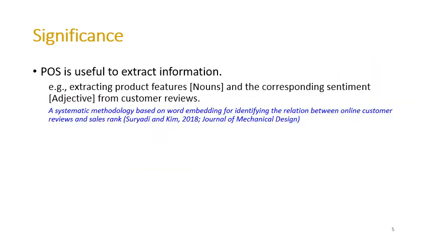Part of speech is also useful to extract certain types of information. For example, when I did my research, I tried to extract the product features and the corresponding sentiment from customer reviews automatically. I used this part of speech information. So I detected the product features as the nouns in the reviews, and the sentiment as the adjectives in the reviews.